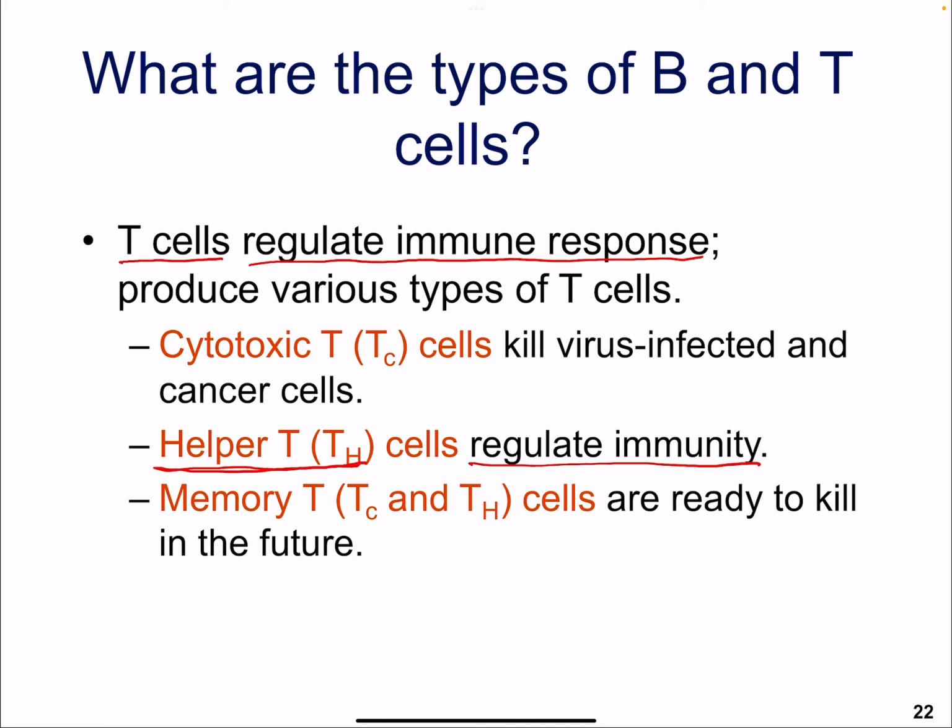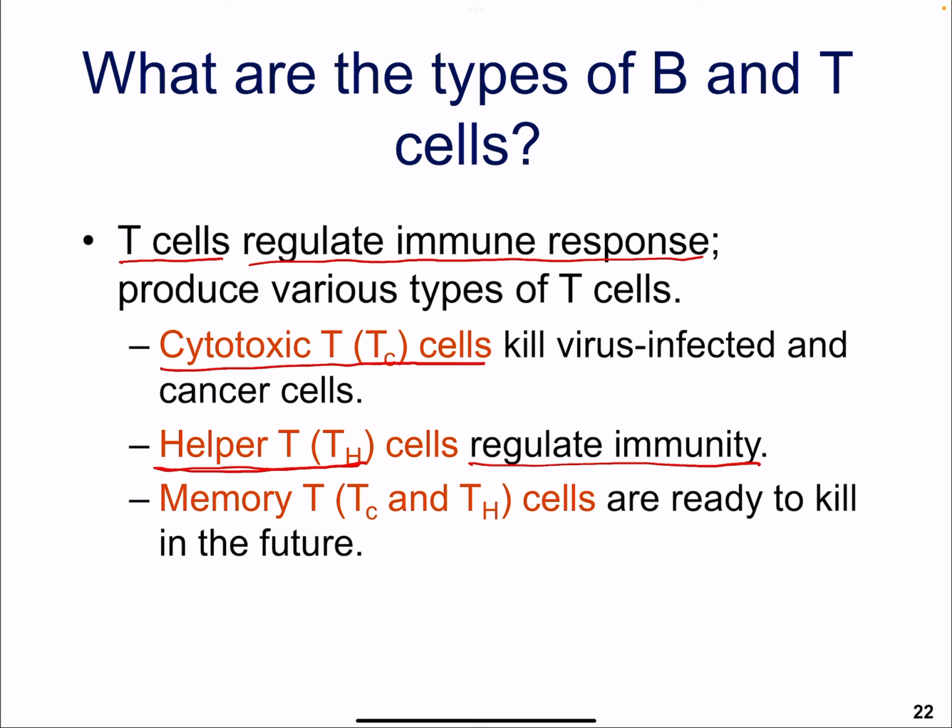But then you are going to have other T cells that are not so much involved in regulating the immunity as they are involved in killing some cells that are infected. That's the role of the cytotoxic T cells.